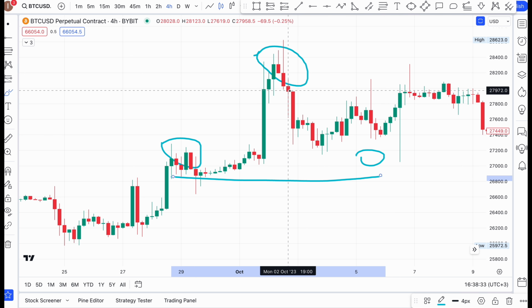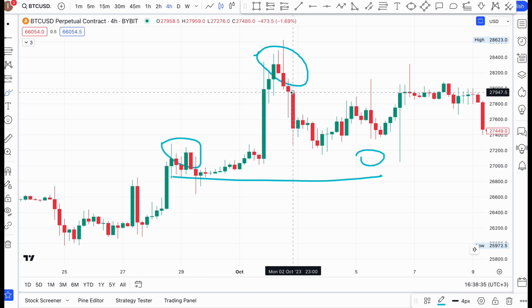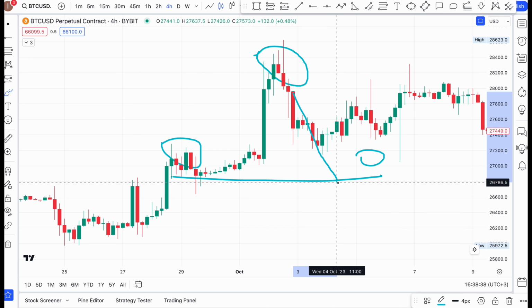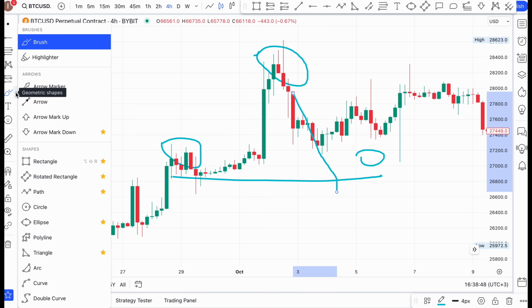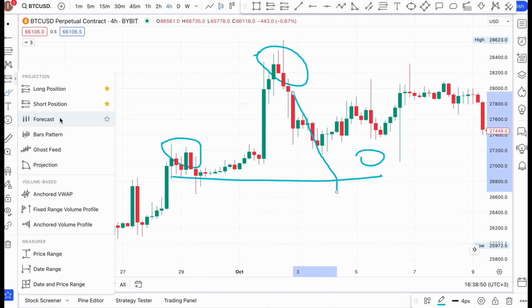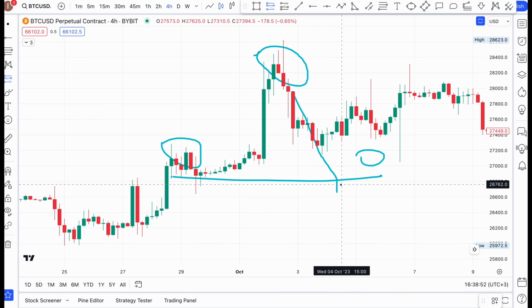So we're expecting that this market was supposed to come right from here to this neckline and break below our neckline. Then after this candlestick has closed, we'll take an entry, we'll take a short position just here.